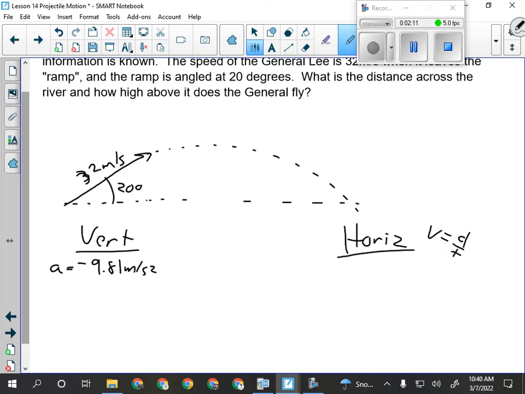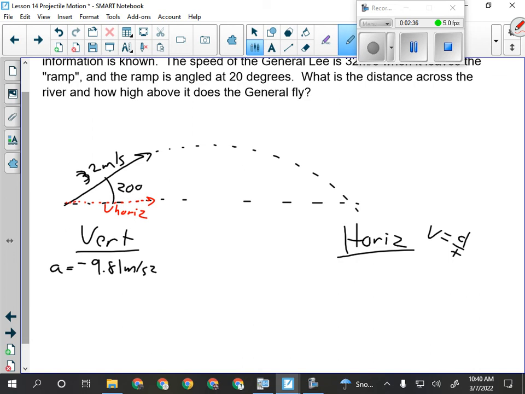All right, so on Friday we talked about how this is our projected velocity, and it's 20 degrees. Our horizontal velocity, which is constant, will be the horizontal component of that. We know it's moving 32 meters per second at 20 degrees above the horizontal, so that's got a horizontal component and a vertical component.